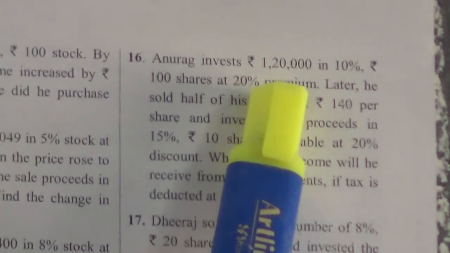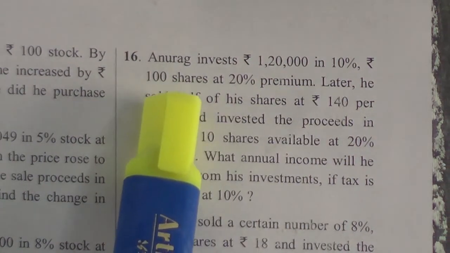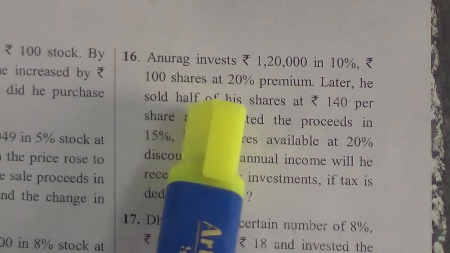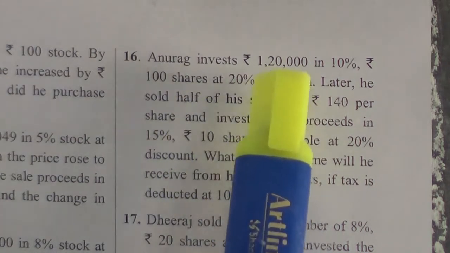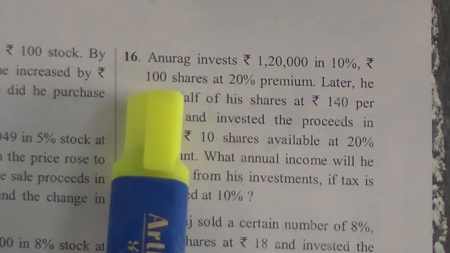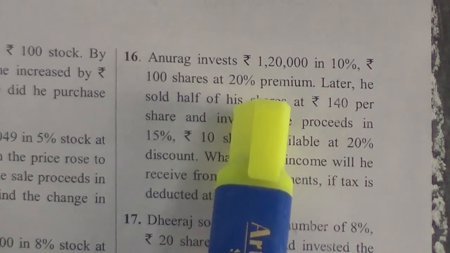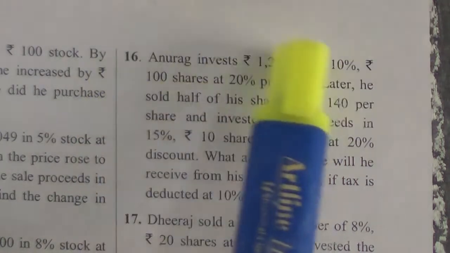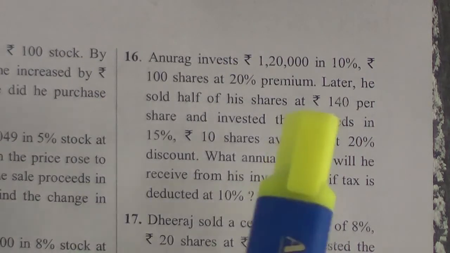Question number 16 says, children, Anurag invests rupees 1,20,000 in 10% rupees 100 shares at 20% premium. Investment is given, nominal value is given, premium information is given in percentage. With the help of this information, we can get the number of shares and the annual income.